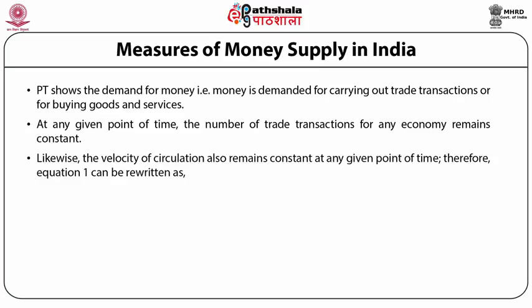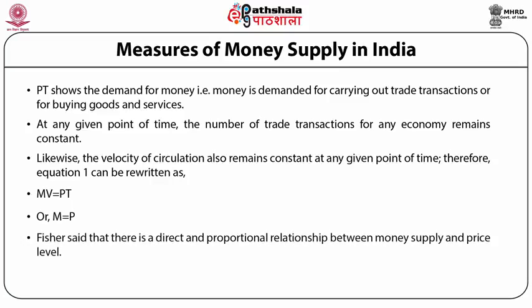Likewise, the velocity of circulation also remains constant at any given point of time. Therefore, equation 1 can be rewritten as MV = PT, where V and T are constant, or M = P. Fisher said that there is a direct and proportional relationship between money supply and price level.